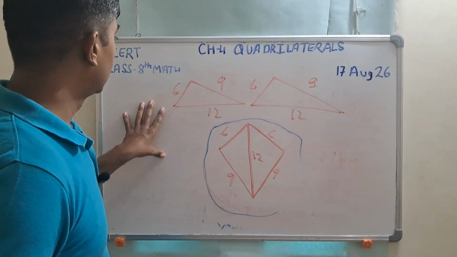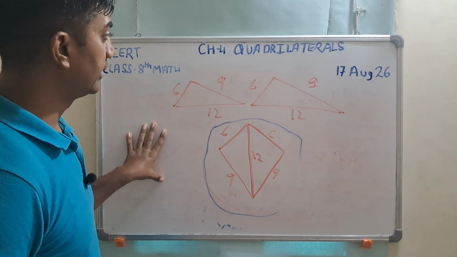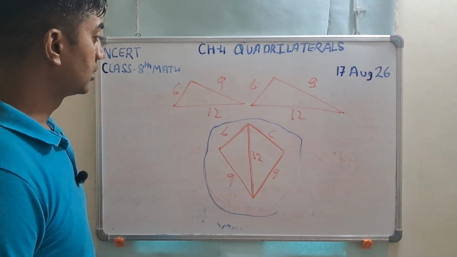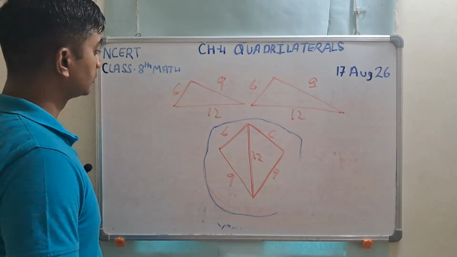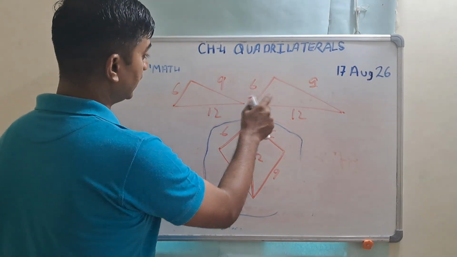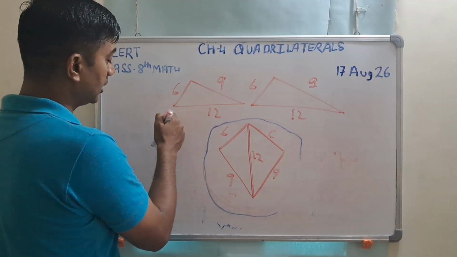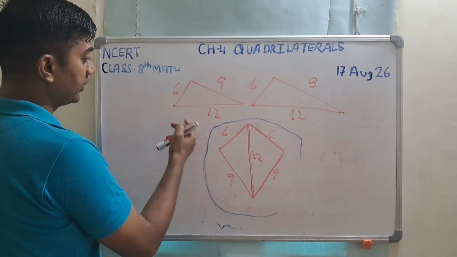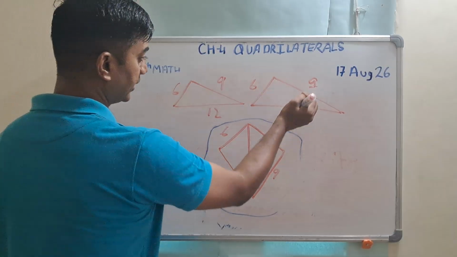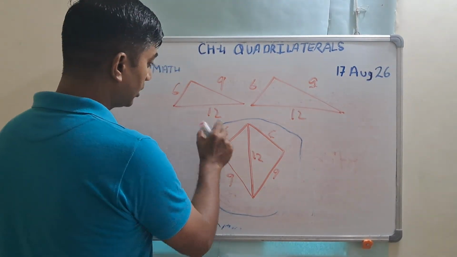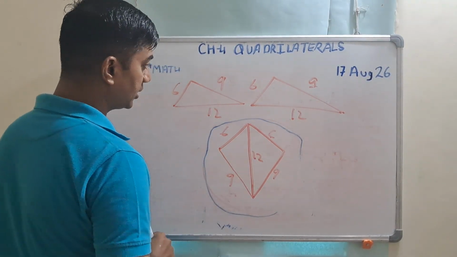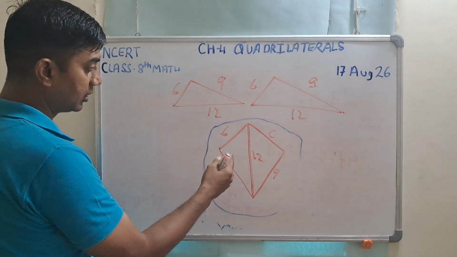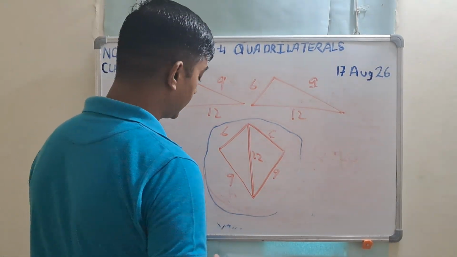Now this was the diagram which we were studying in the last class. What we have seen is that these are the two triangles with the sides 6, 9 and 12, 6, 9 and 12, and we have just joined the longer side, which is of 12, and we see what the figure is.